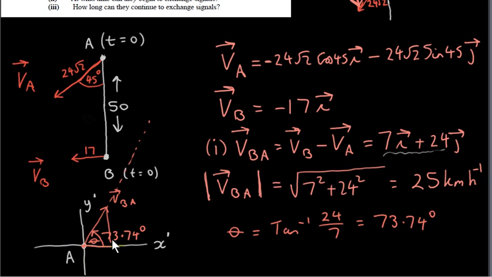The side opposite is 24 units. The adjacent is 7 units. So tan of theta is 24 over 7. Theta is inverse tan of 24 over 7, which is 73.74 degrees. So we can use this angle to give the direction of ship B as seen from ship A. We could also have used this angle here, but normally we get the angle measured from the positive x-axis.